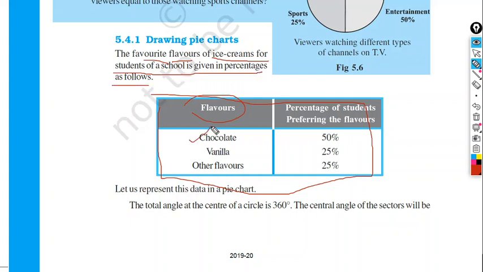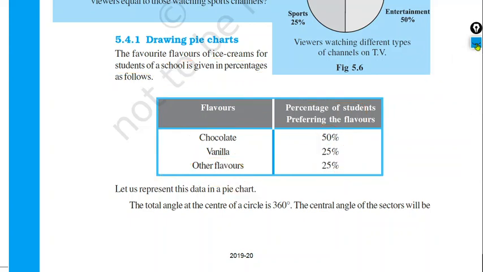Chocolate flavor ice cream is preferred by 50% of the students. Vanilla flavor is preferred by 25% of the students, and other flavors are preferred by 25% of the students. So we have to make a pie chart for this.